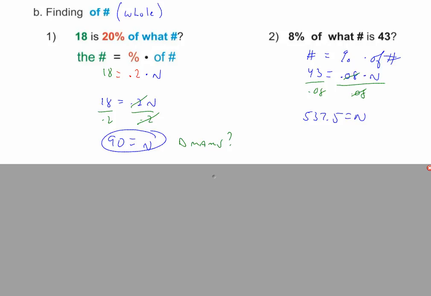Just move it one place. 53.7 is 10%. Am I a little lower than 10%? Is 43 a little lower than 50? The mams is happy. She's happy. It's a reasonable answer. I must have done things correctly. I must have even punched it in the calculator correctly.